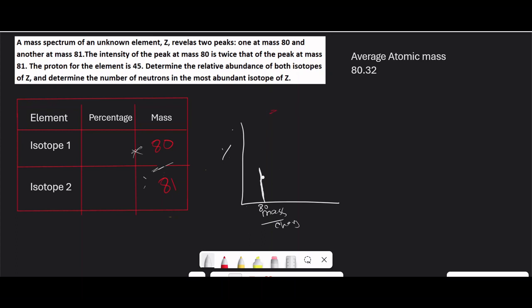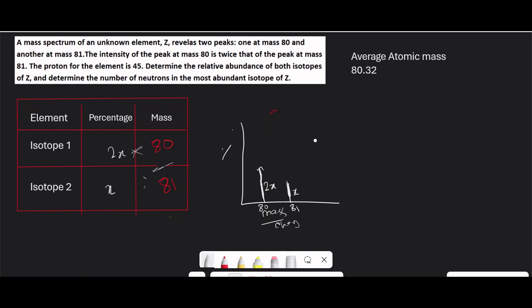So if this, 81, is x, this is going to be some basic maths, this is going to be 2x. So we can also put this here: for isotope 1, this is 2x, and for this one, it's x.